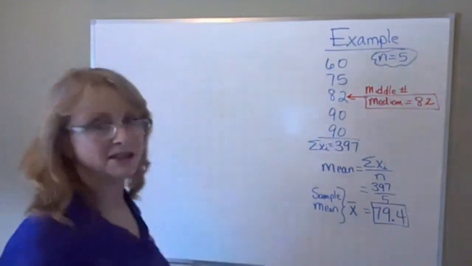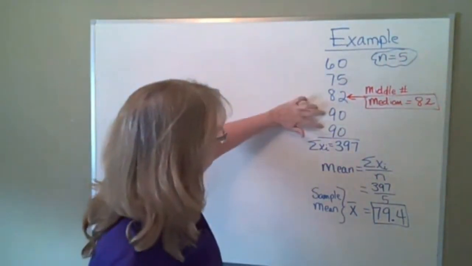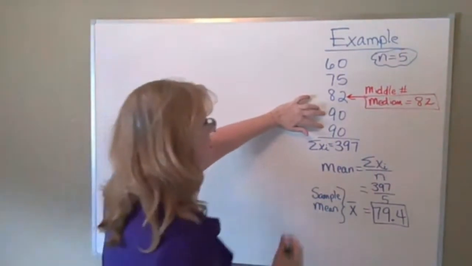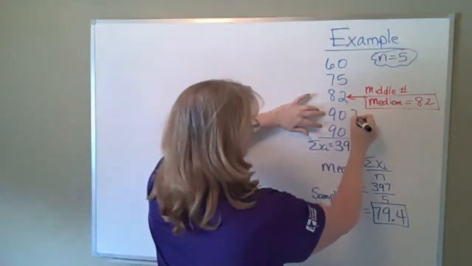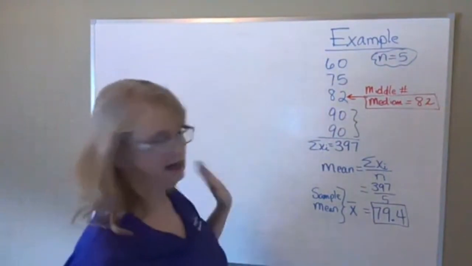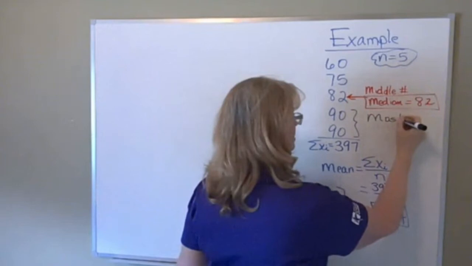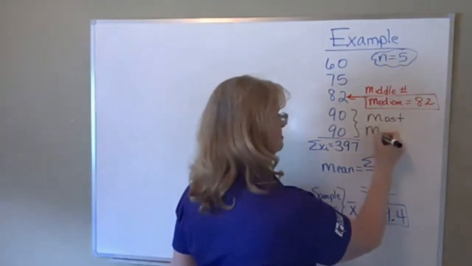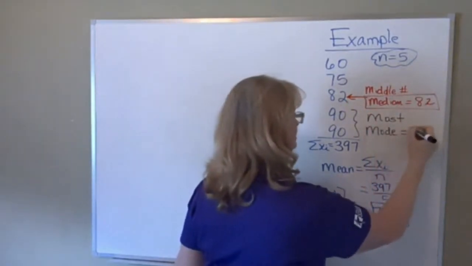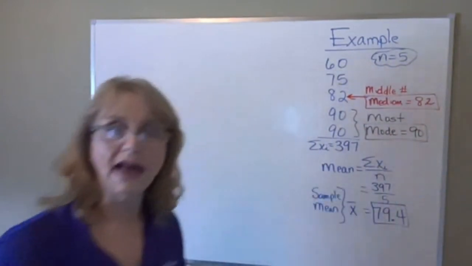Then the mode is the easiest one, especially when you put them in order, because you'll look for a number that's repeated. So here I have two 90s. That's more than anything else. So the number that occurs most, which is the mode, is 90. Any questions on that?